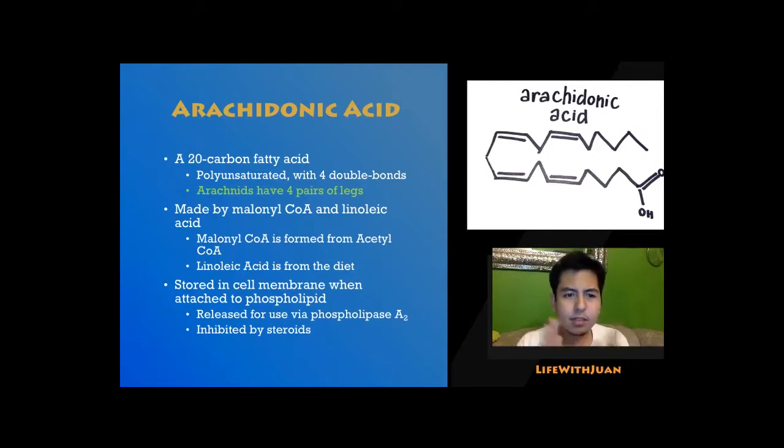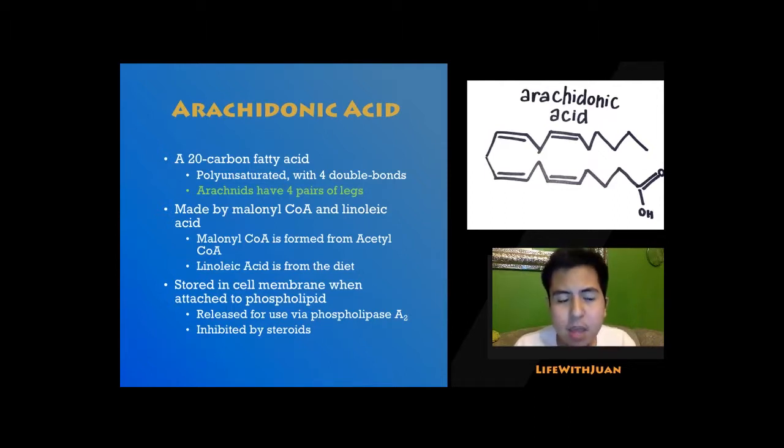And this is made via the action of malonyl-CoA and linoleic acid. Malonyl-CoA is formed from acetyl-CoA, while linoleic acid is formed from your diet. And this is stored in your cell membrane, attached to phosphate to form a phospholipid, and it's released via phospholipase A2.